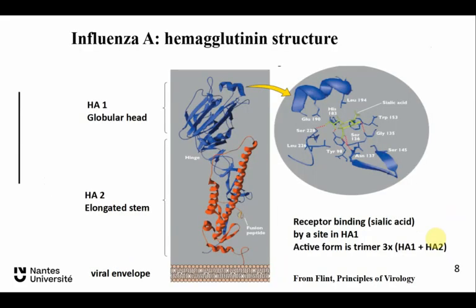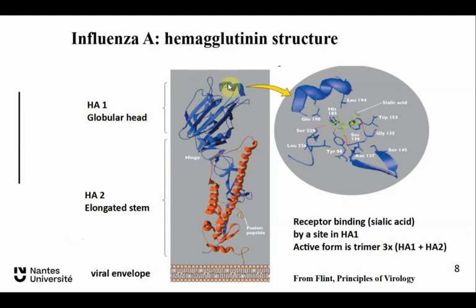How does it work? So we have to look a bit closer at the structure of hemagglutinin. So the active form is a trimer, and this is a look at one monomer of hemagglutinin. And there are 2 domains, an HA1 domain and an HA2 domain. And it's a type 1 membrane protein.